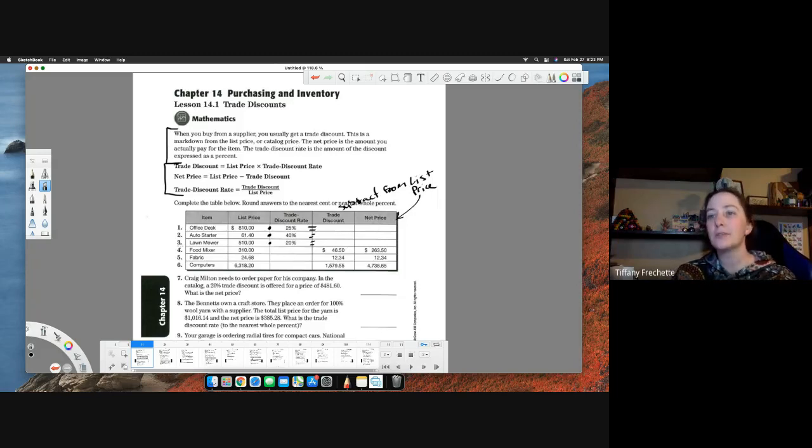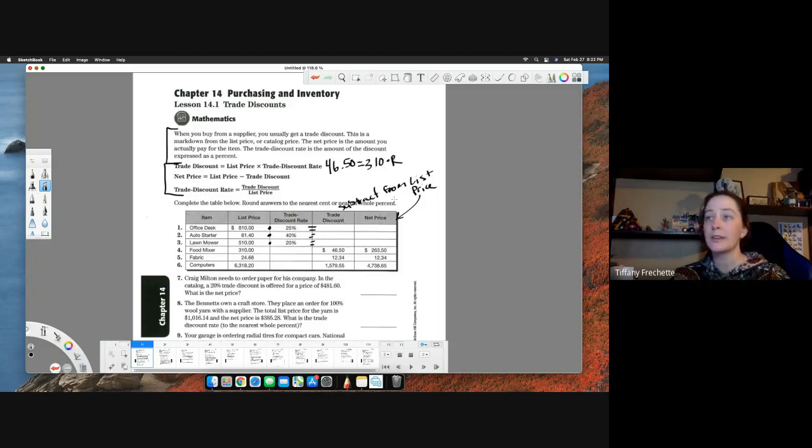All right, so numbers 4 through 6 are a little different because they're not giving you the trade discount rate. They're giving you the trade discount. So we just have to go a little bit backwards on those ones. If we looked at it up here, I'll actually write one right here. We have the trade discount, and I'm going to look at this first one, 46.50 equals list price, which is 310, times the trade discount rate.